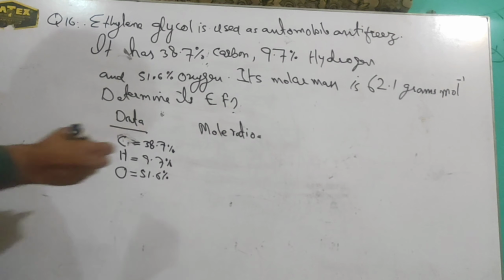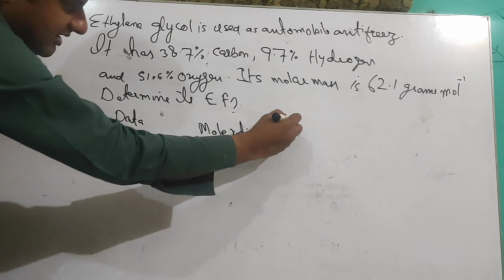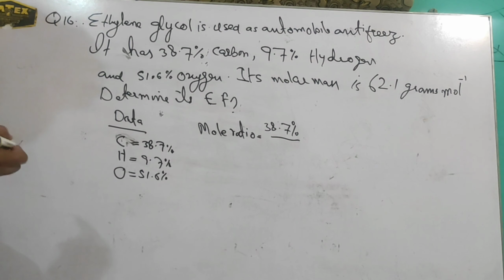Now we have the mole ratio of carbon. The percentage of carbon is 38.7 percent divided by the atomic mass of carbon, that is 12. And what about the hydrogen? Mole ratio of hydrogen is equal to 9.7, that is the percentage, divided by 1, the atomic mass of hydrogen.